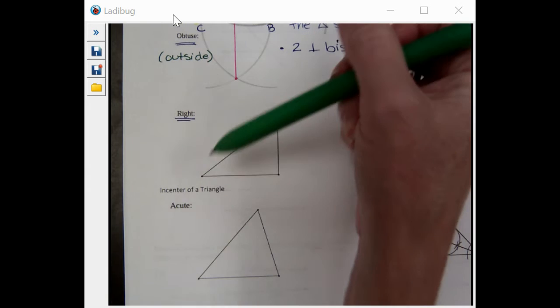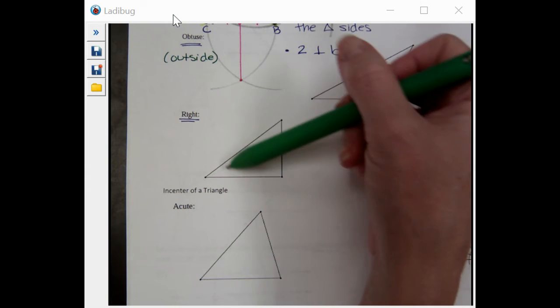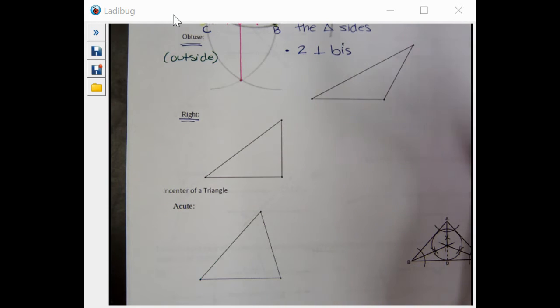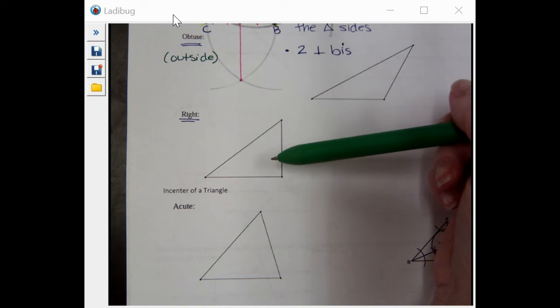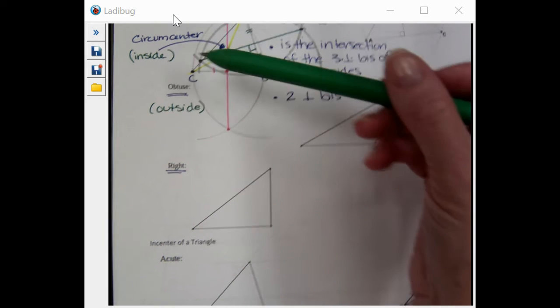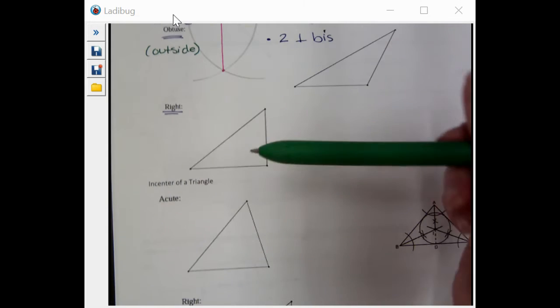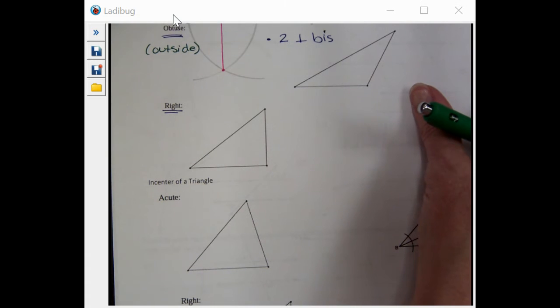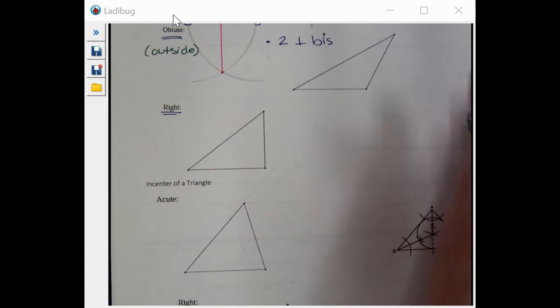And then when you do the right triangle, you should also find that the circumcenter is ending up somewhere specific. So try it, see where you get it to be at. It's not going to be inside. It won't be outside. See where it's at and double check it on the filled in notes in our folder on the lesson 19 and 20 worksheet.